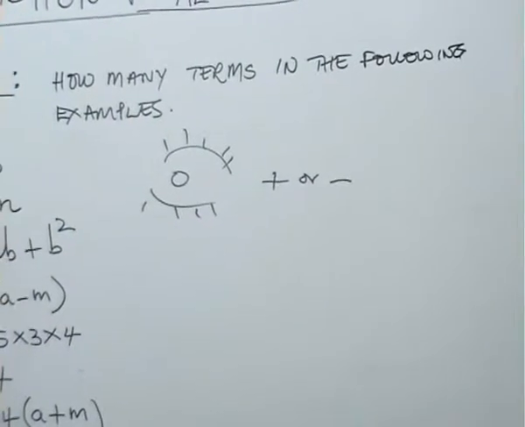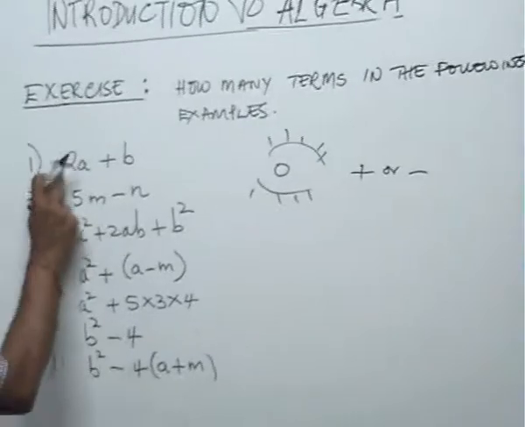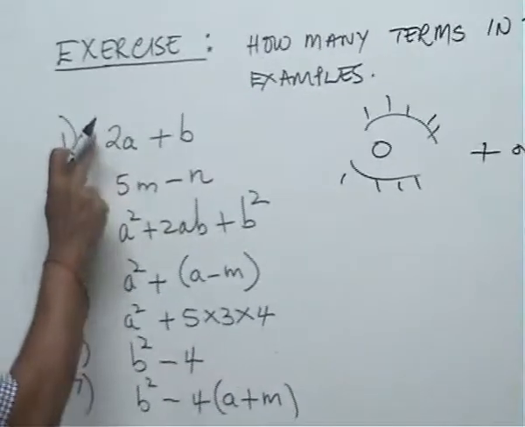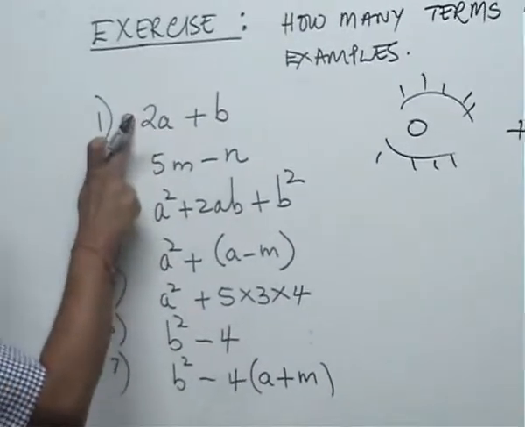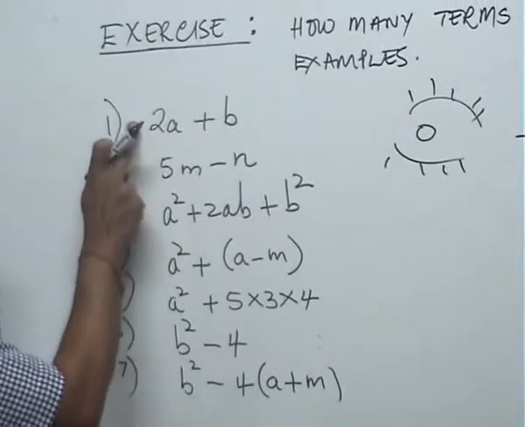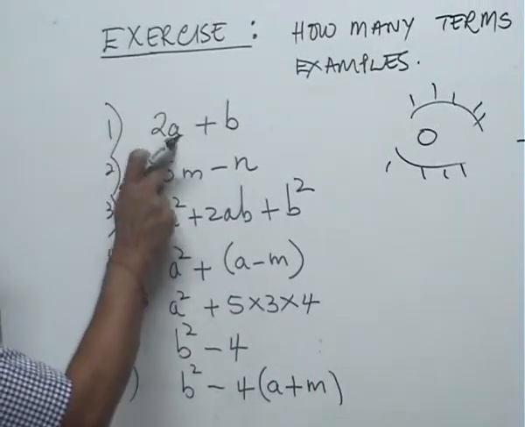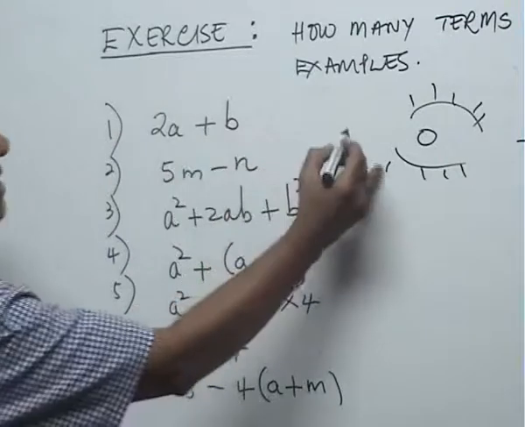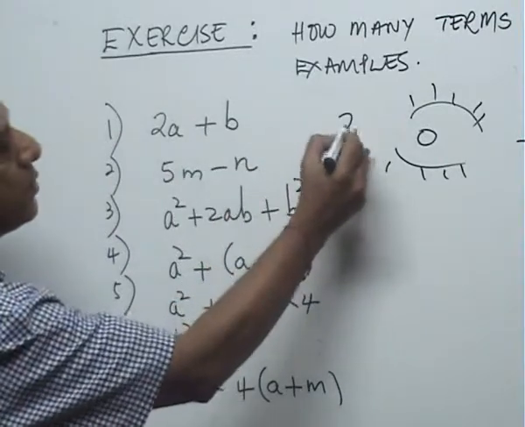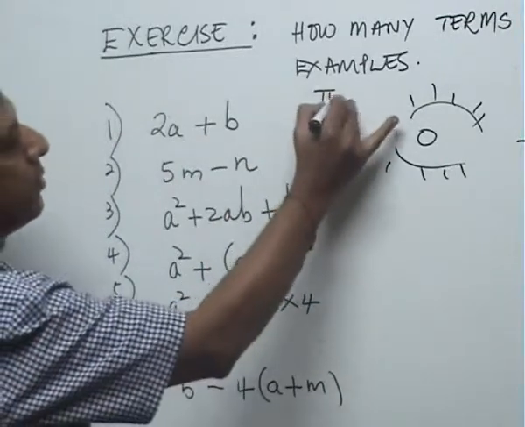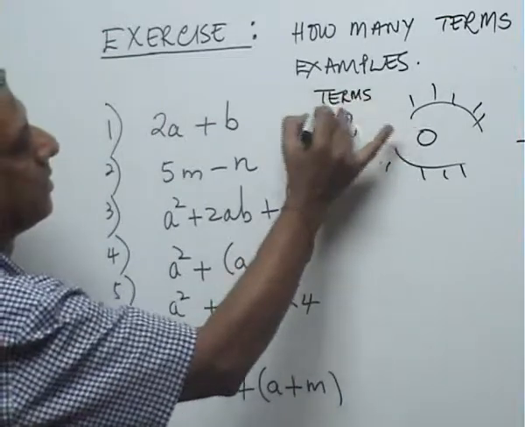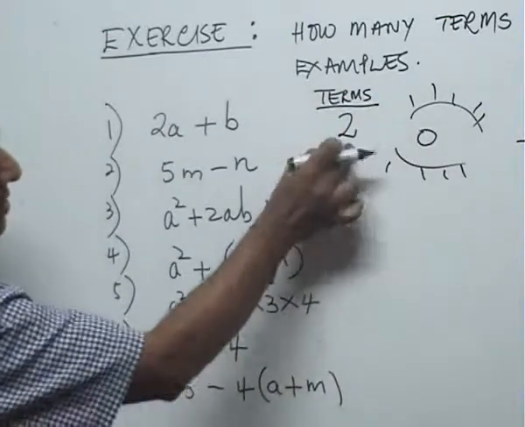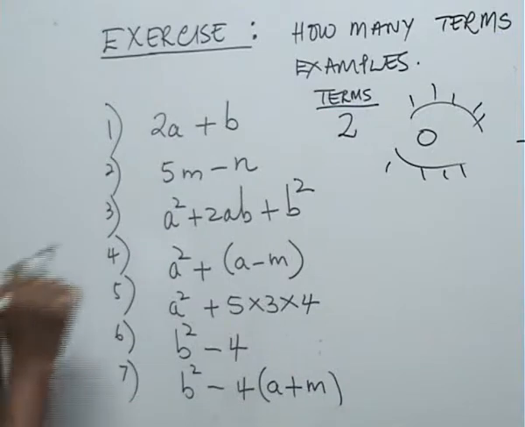So when we look at number 1, there's a plus sign that is understood here. So in maths, we don't always write all the plus signs. So plus 2a and plus b, the answer here is 2. So if we put a column for the answers, number 1 got 2 terms.